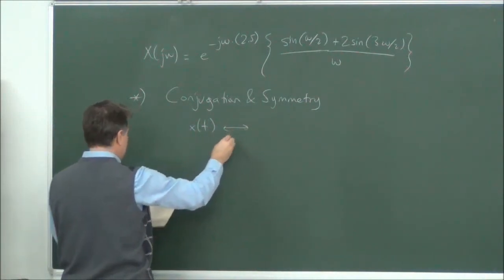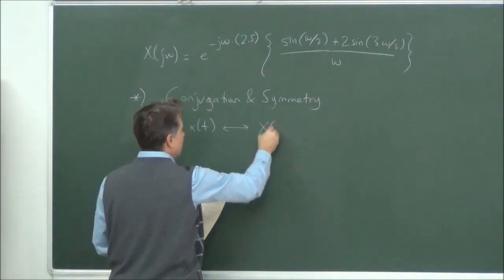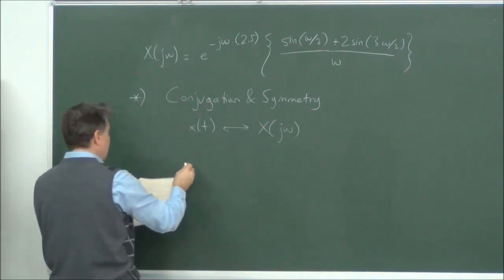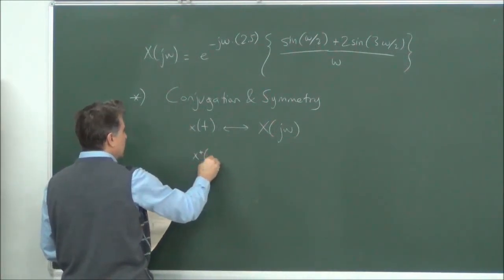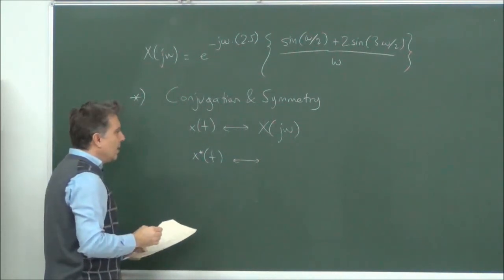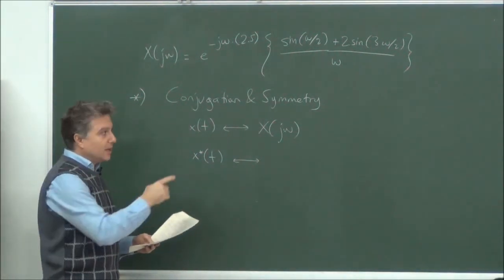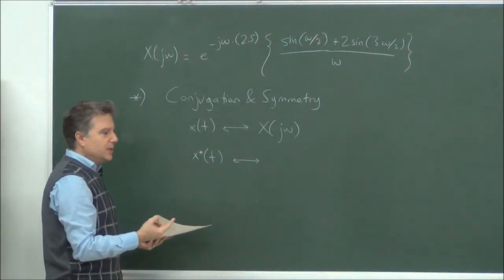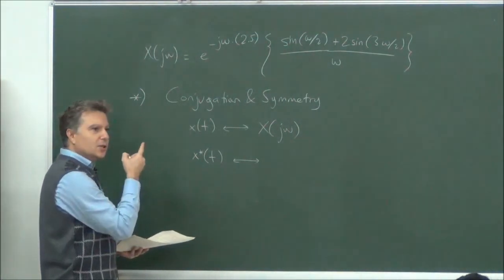If x of t has a Fourier transform of X of j omega, then what is the Fourier transform of x conjugate of t? It's not very difficult, like all the other properties that we will see. It's very easy to show this.